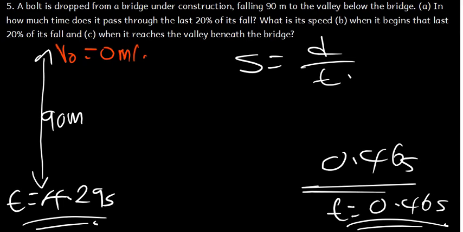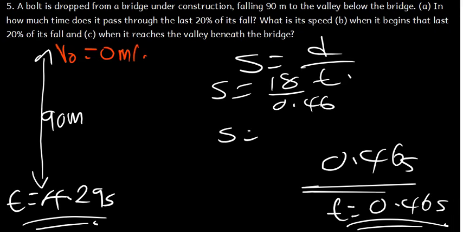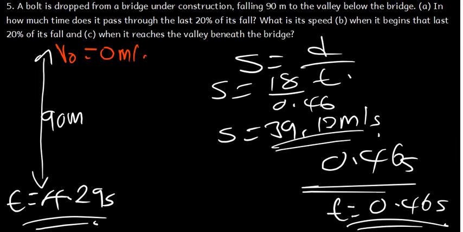So I'm going to say 18 divided by the time, which is 0.46. So in the last 20%, it's going to be 18 divided by 0.46, which is 39.13 meters per second. That is going to be the speed.